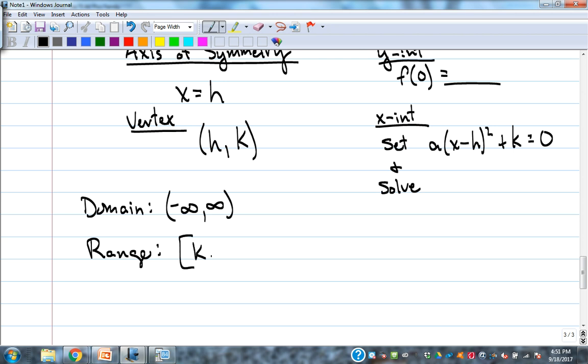From k to positive infinity, a would have to be what kind of number? Positive. And from negative infinity to k, the other way around, negative. That's the way the range works on that. You get a few things for free there.